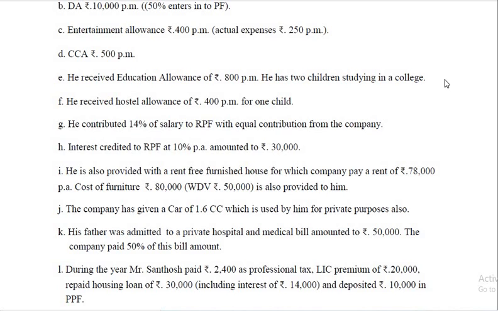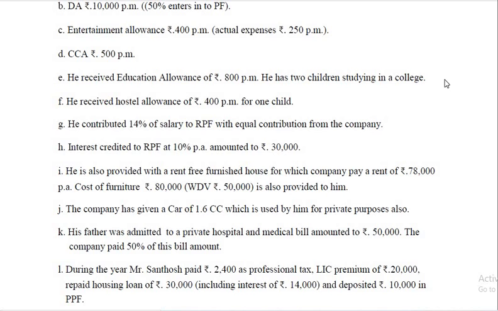But for recognized Provident Fund, any contribution of the employer up to 12% of the employee's salary is exempt. Anything above that is taxable. Here it is 14% contributed by the company. Therefore 2% of salary of the employee is taxable.